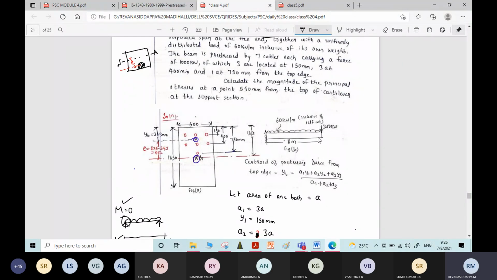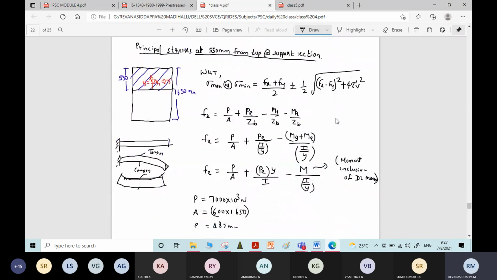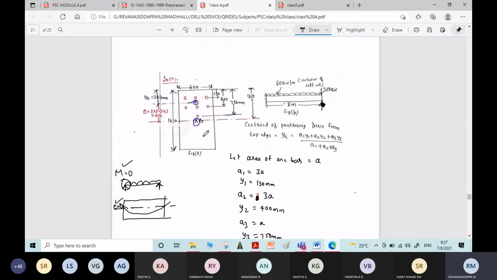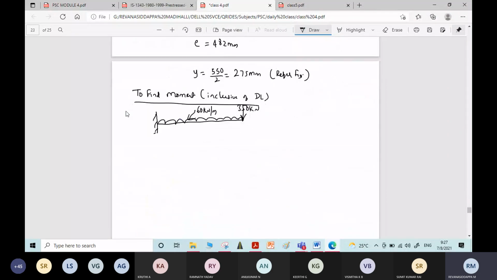Don't take that reaction in upward direction. It is load only, acting at the end only. Okay, 350 kilonewton. The span of the beam is given as 8 meter.